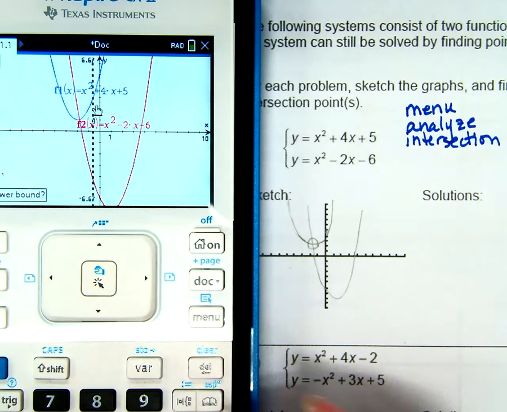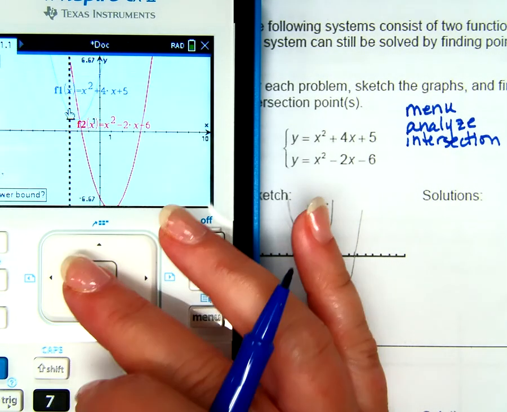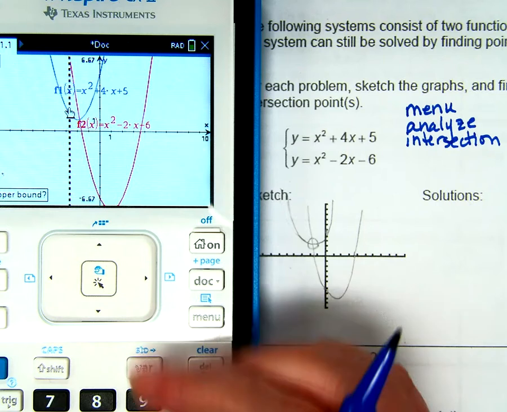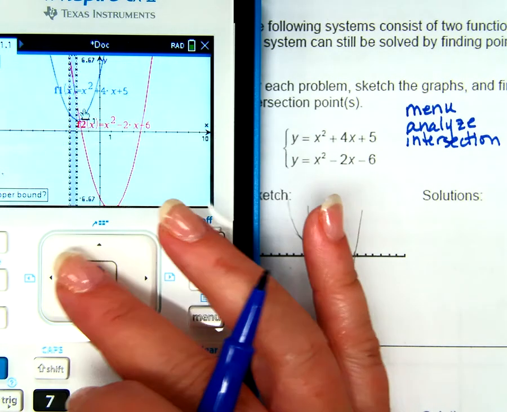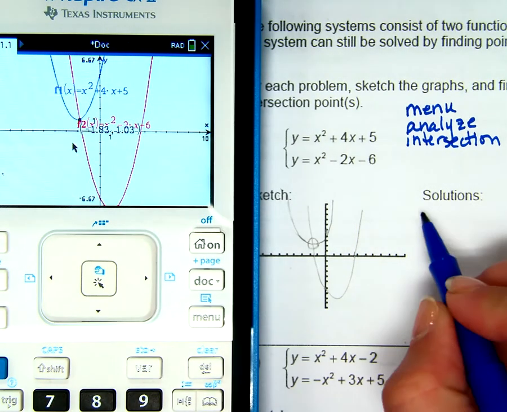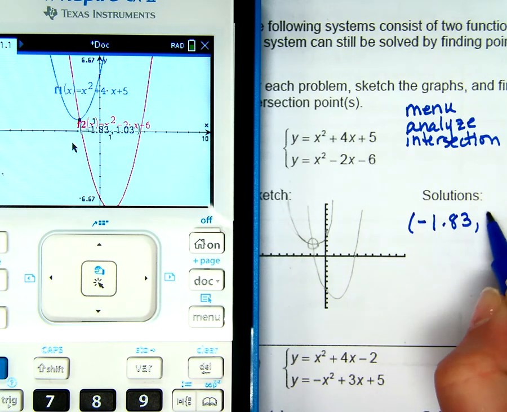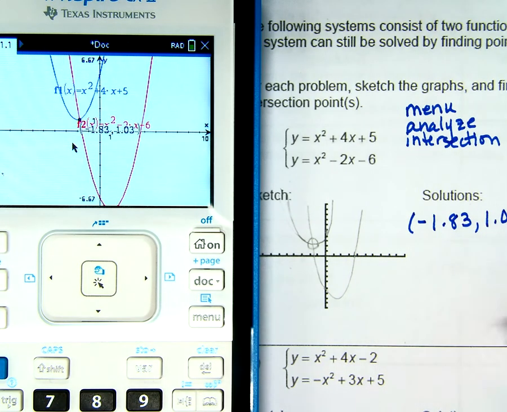So if I choose intersection, again it says lower bound. So I want that on the left side of the intersection and click the middle button. And then it says upper bound. I want that on the right side of the intersection and click the middle button. So what mine says is negative 1.83, comma 1.03. Is that what you got as well?